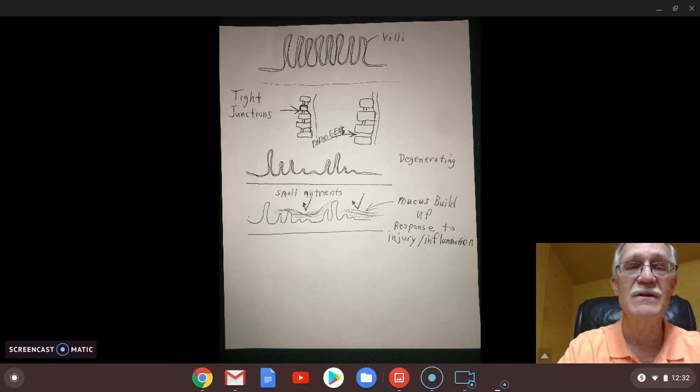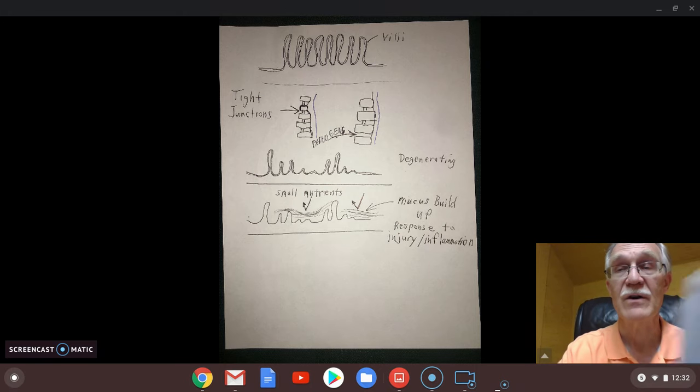Progressive combination of inflammation and mucus buildup and microscarring makes it difficult to do its many functions, including being a site to make enzymes and breaking down of food. Number 2, protecting us from invasion of the undigested food, bad bacteria, viruses, yeasts, and parasites. Number 3 would be a site of absorbing nutrients.